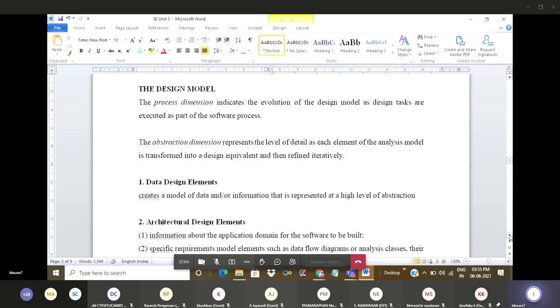Next, abstract dimension, which represents the level of detail as each element of the analysis model is transformed into a design equivalent, then refined iteratively. So these are the definitions of process dimension and abstract dimension.